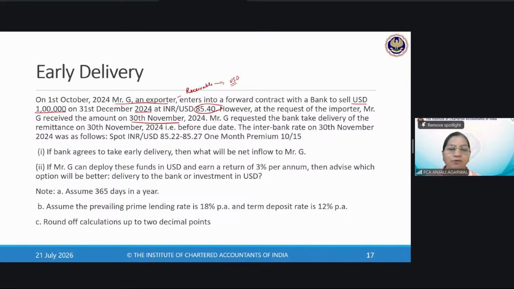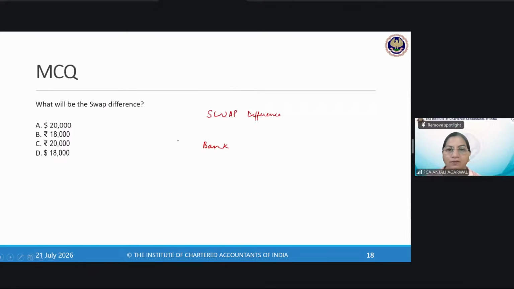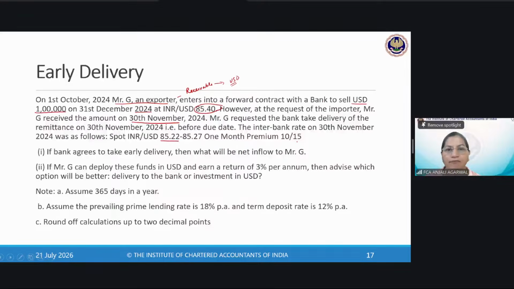The bank will have to sell in the spot market, and the interbank rate on 30th November 2024 is USD 85.22 oblique 85.27. So as the bank will have to sell, the bid rate would be applicable. So the bank sells $100,000 at 85.22.